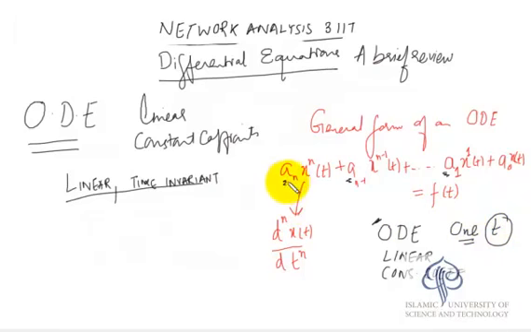So we have derivatives with respect to time only. In partial differential equations, in contrast to this, we have differentials with respect to other quantities. So it can have differentials with respect to time and space. So time, x, y, and z, 4 independent variables. Like for example, in electromagnetics, you study partial differential equations. So that's why this is an ordinary differential equation, because there is only one independent variable, that is time.